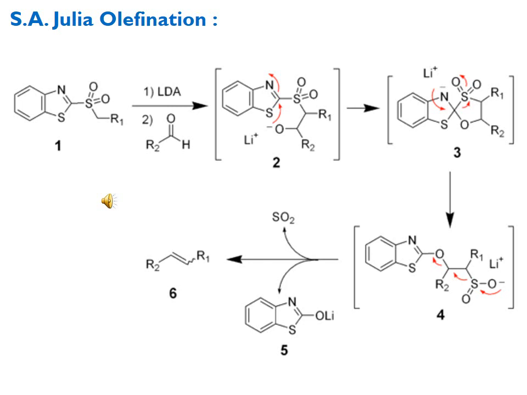And this rearranges in such a way that it can be cis, it can be trans. And then the negative charge of sulfonyl moves back towards the sulfur, and the carbon sulfur bond is broken, and we get the SO2 molecule as a byproduct.